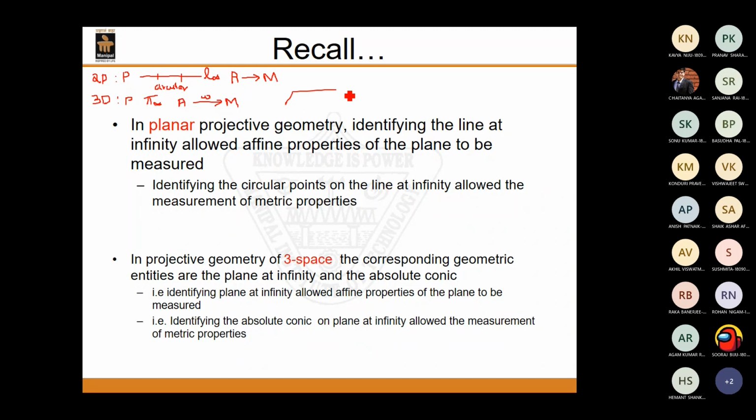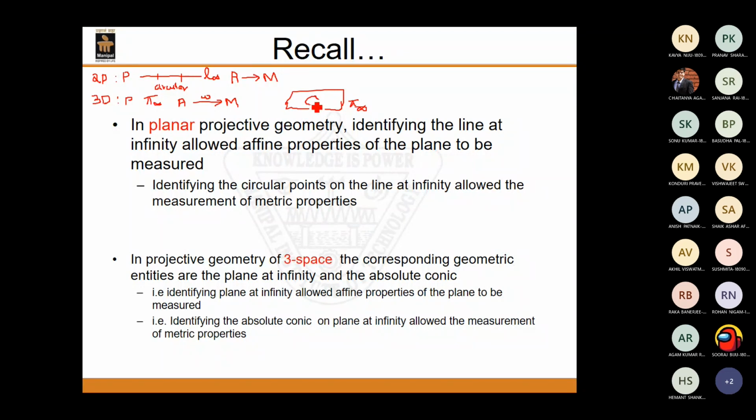Instead of a line, what I have is basically pi infinity. So this is my plane at infinity, and the absolute conic, let's say I'm representing this way. Now, instead of finding the absolute conic directly, we would be finding the image of the absolute conic and then projecting it. So we'll discuss that later on.